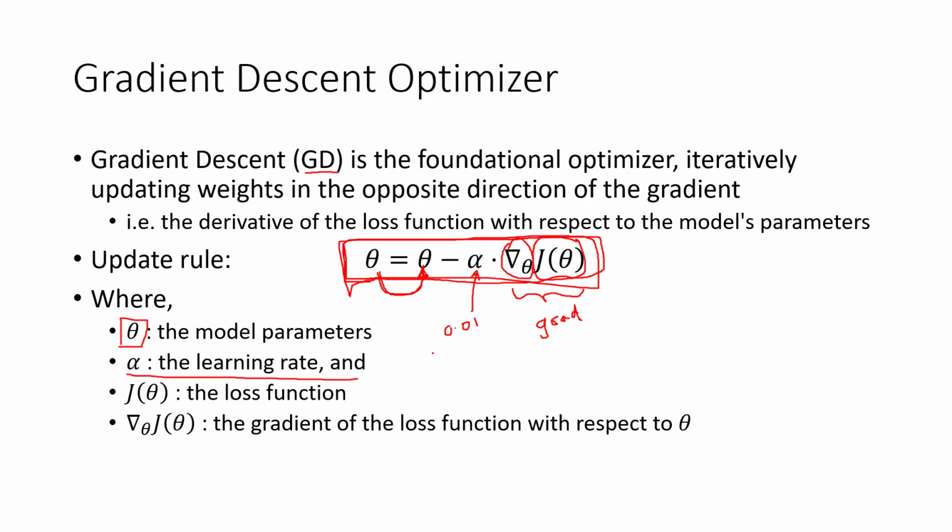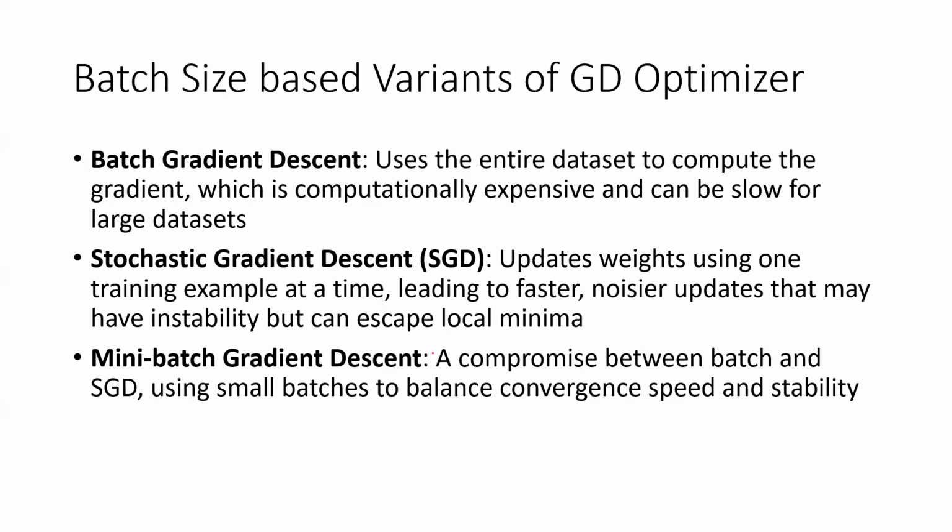Now we are going to improve this gradient descent optimizer with further innovation. We have also learned about the versions of gradient descent optimizer based on the batch size used during the updating phase of the parameters. If you are using the whole batch for updating the parameters, that is known as batch gradient descent.